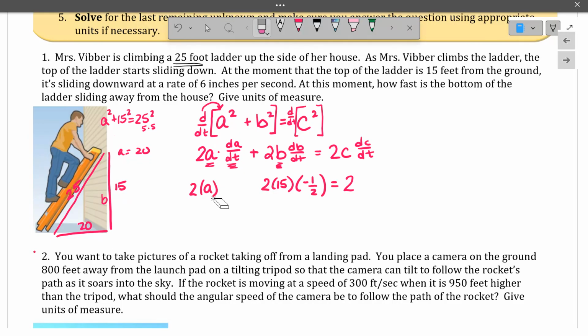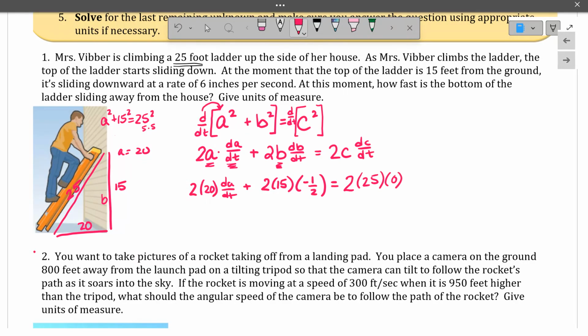And we knew that dA/dt is what I'm looking for. And so I'm going to put that there. And then c is the length of the hypotenuse, that's 25. But I didn't find dc/dt. So dc/dt would be the rate of change of c. Well, c is the ladder. And nothing here said that the ladder was collapsing. So dc/dt is 0, because the rate of change of the length of the ladder is nothing.